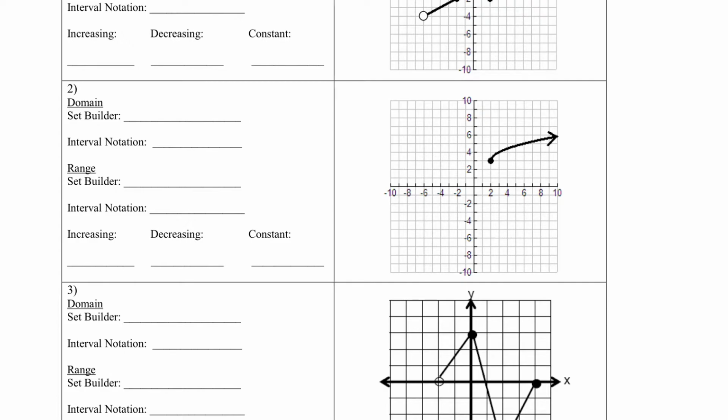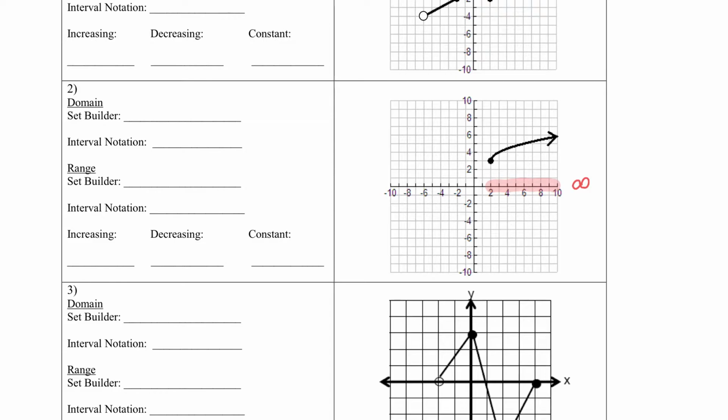So for number 2, remember that we're trying to find the domain. So we are going to look at the x values and we're starting at 2. And you notice that it continues. Remember that it will continue to positive infinity.